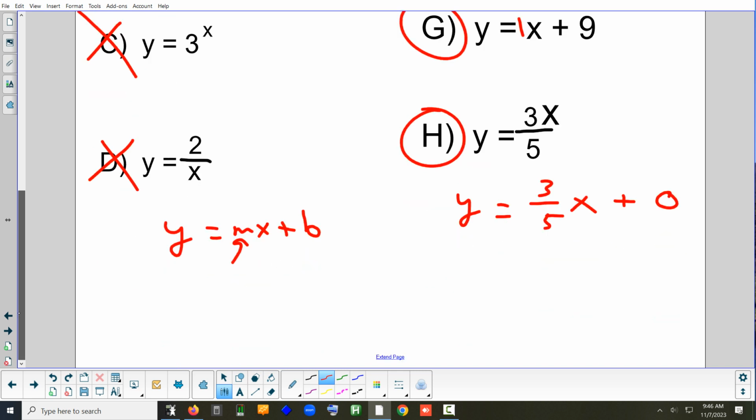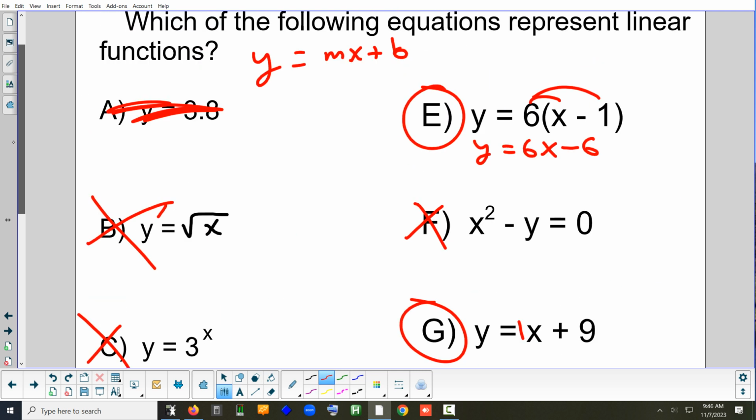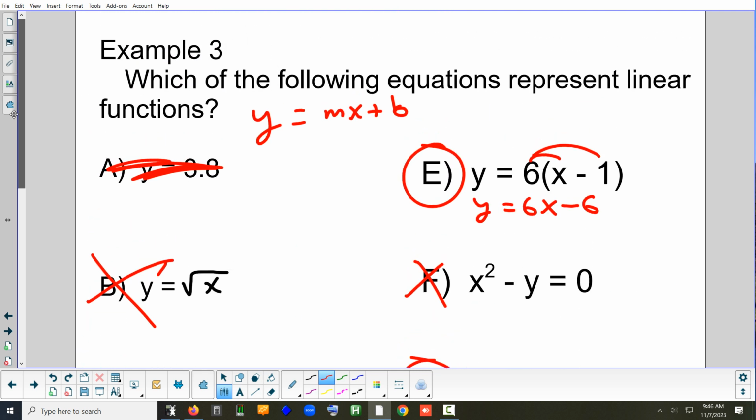Are we going to go back to A? Yeah, I was thinking about A a little bit, how I wanted to handle that. Does A look like y equals mx plus b? No. Not at all.